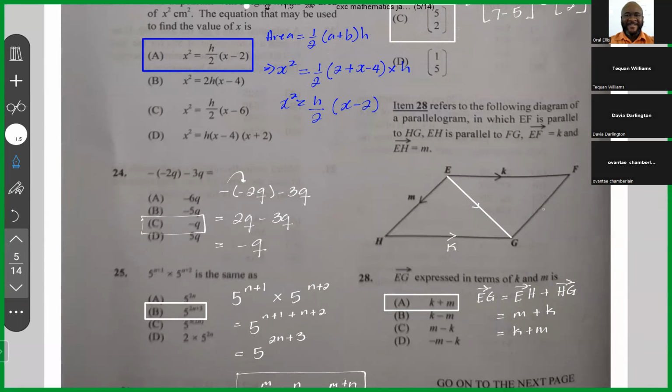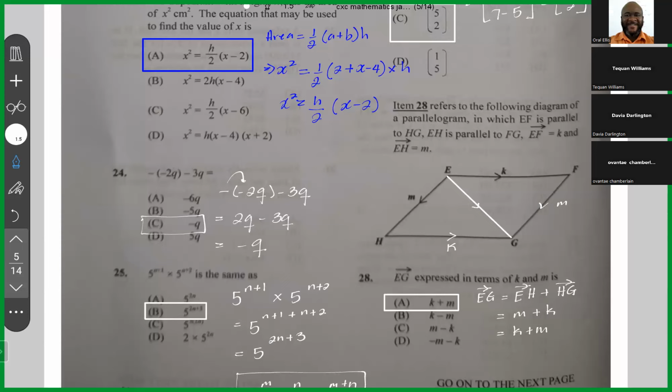Now, vectors on opposite sides of a parallelogram going in the same direction are equal. So this vector here is M, the one to the left is M, the one to the right is M. The vector up top is K, the vector at the bottom going in the same direction is also K. Vectors on opposite sides of a parallelogram going in the same direction are equal.